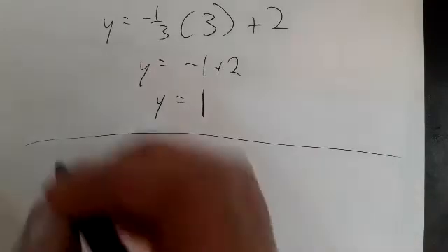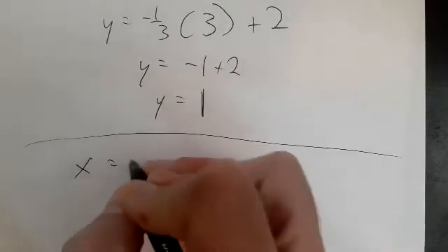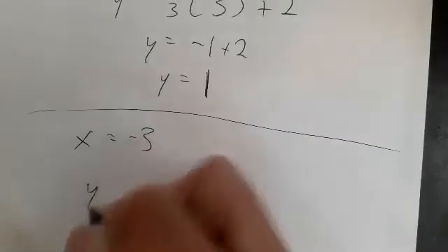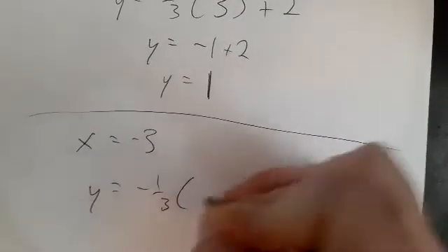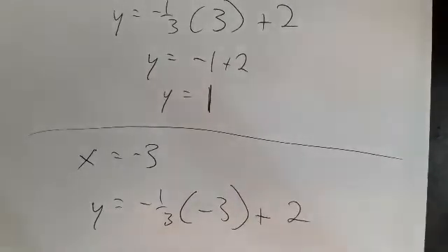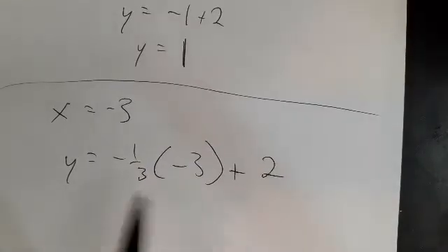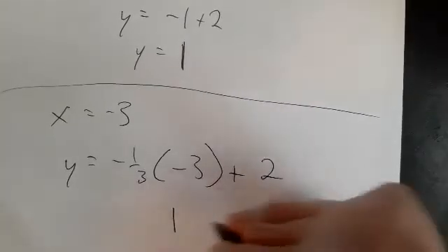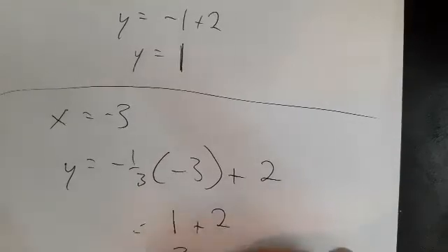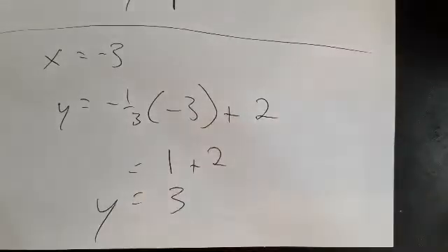So this is x equals what? Minus 3. So we're plugging in x equals minus 3 into y equals a third times minus 3 plus 2. This is a negative negative. This is going to become positive 1 plus 2, I believe. So my y should be 3.